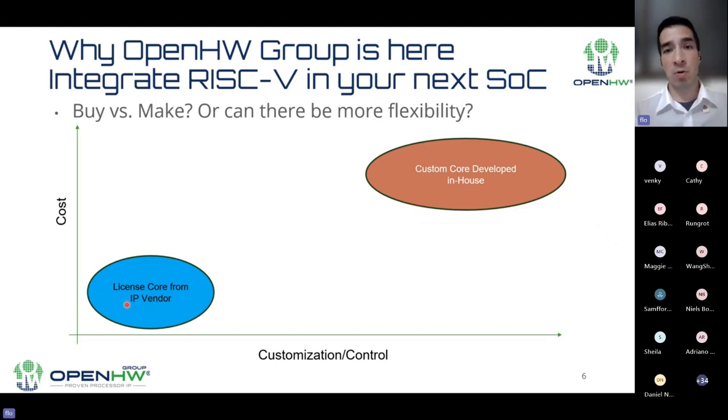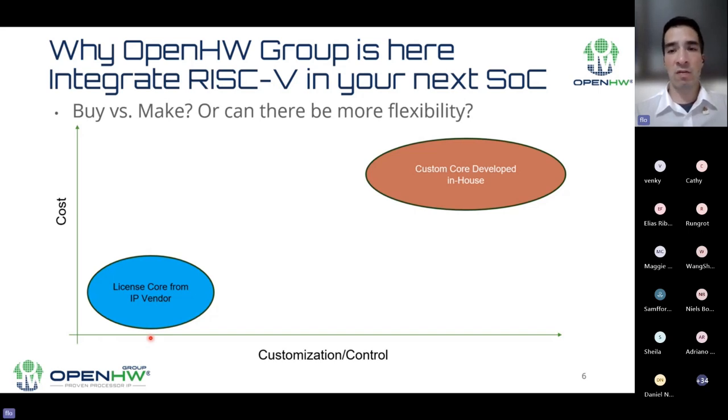There are a lot of people who make high quality cores you can license and build an ASIC from. You pay a relatively small license cost, but your possibility to customize the core is limited to what the vendor allows you.